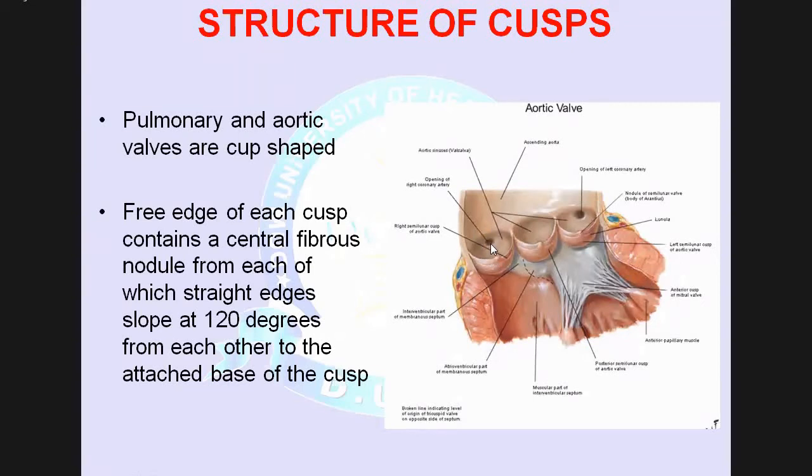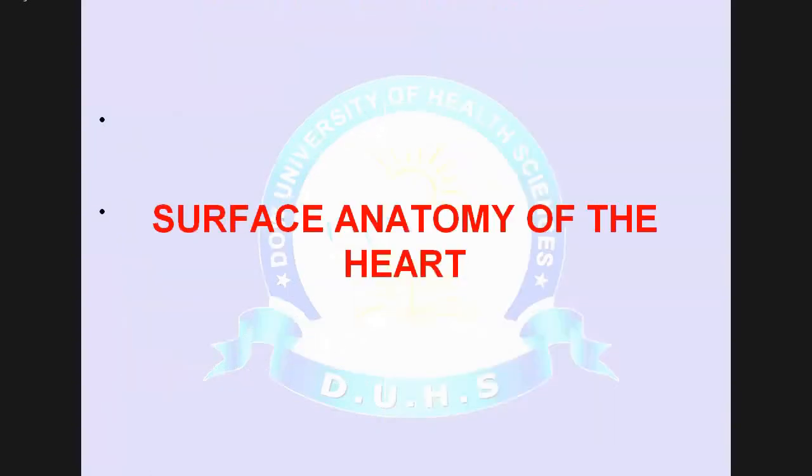And at the attached margins of the cusps, you would find the openings of the right and left coronary sinuses. Openings are present at the aortic valve cusps.